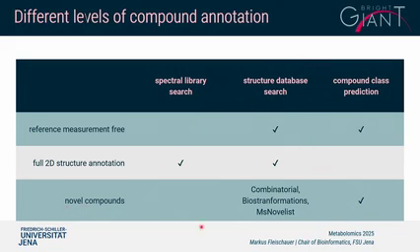We can somehow also search for novels using structured database search if we generate them combinatorially or using biotransformations or using a generative ML model like MSNovelist. And there are the compound class annotations, which will not give you a structure, but work for all features that have a decent MS in your data set. And yeah, both of these do not need a reference measurement, which is pretty cool.